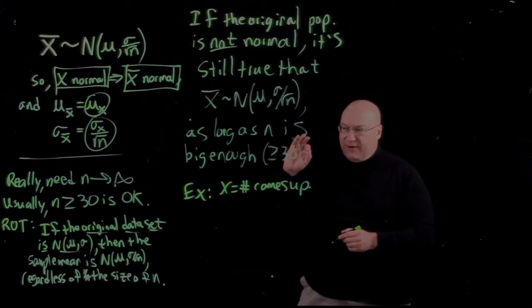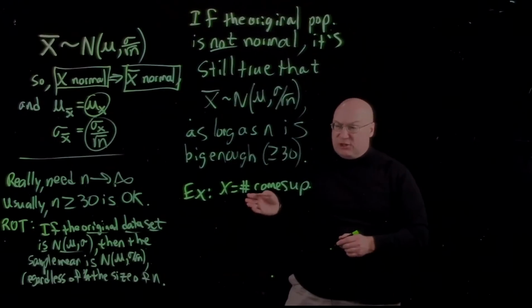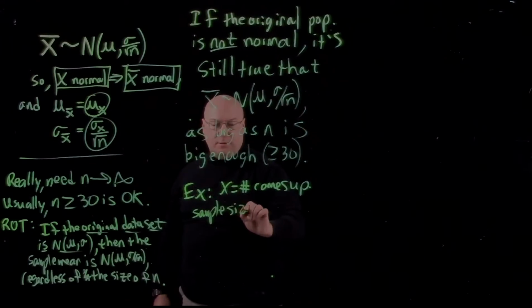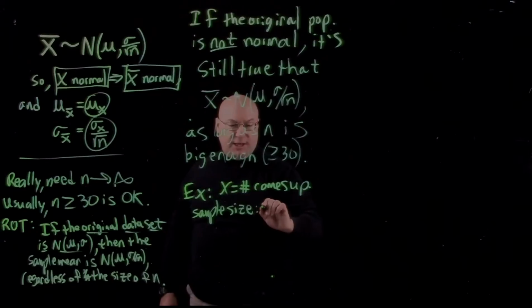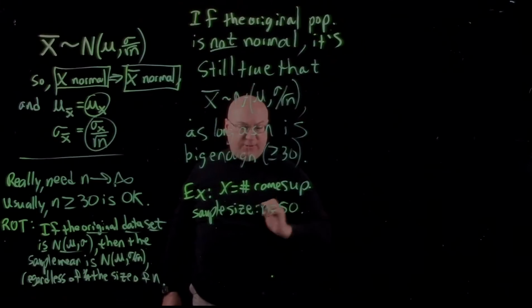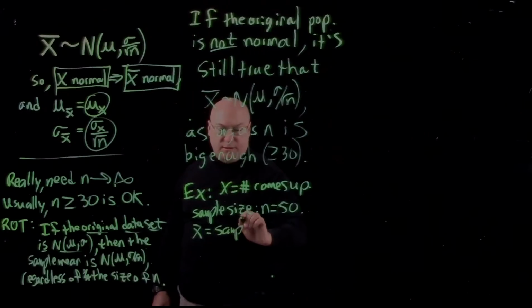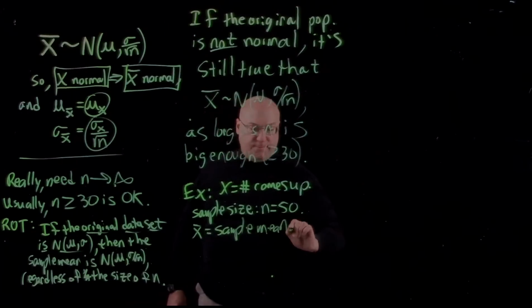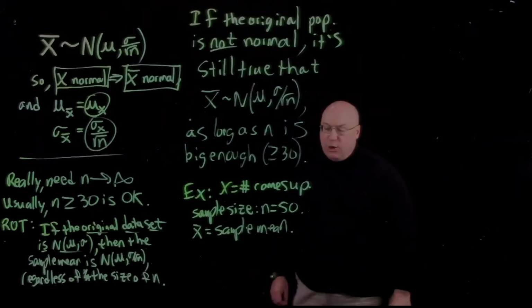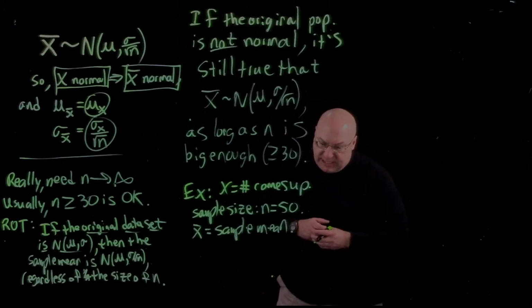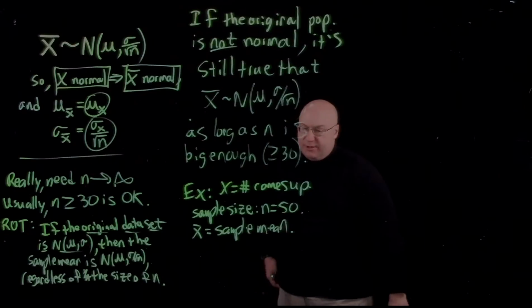Instead, let's think now of tossing it 50 times, so we get a sample size n equal 50, right? And x bar is that sample mean. And we are asking a question about the sample mean. We're asking what's the probability that the mean of those numbers will be greater than 4.